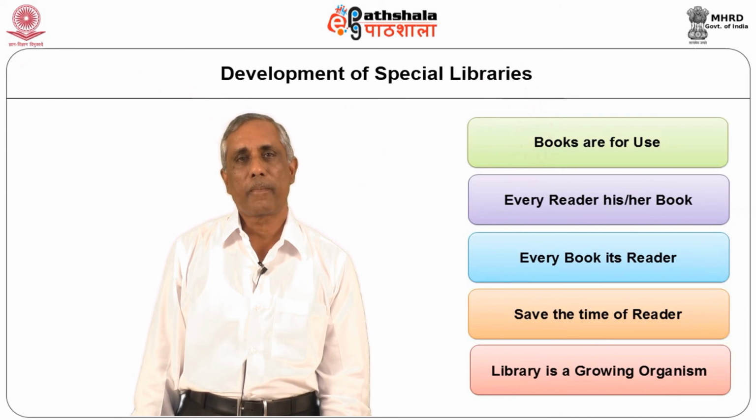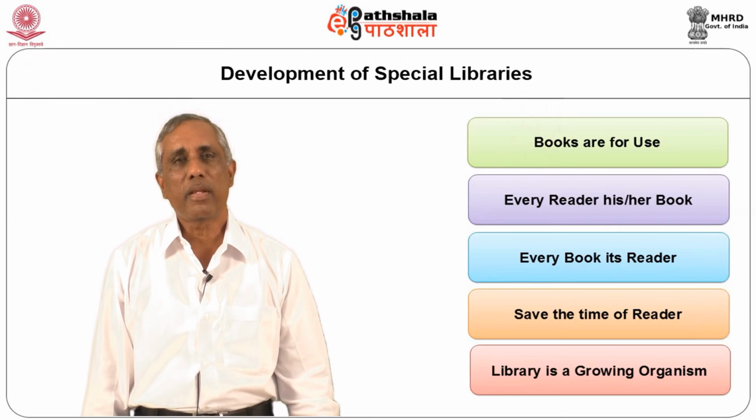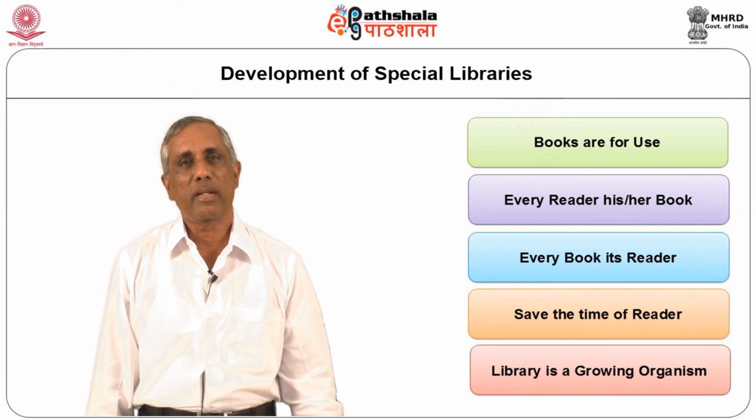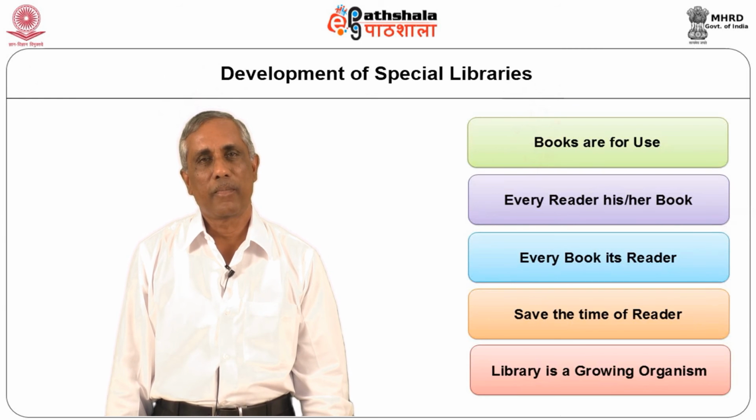The first law, books are for use, demands that whatever the book or document information is available in any form, it should not be just for preservation, it should be used.